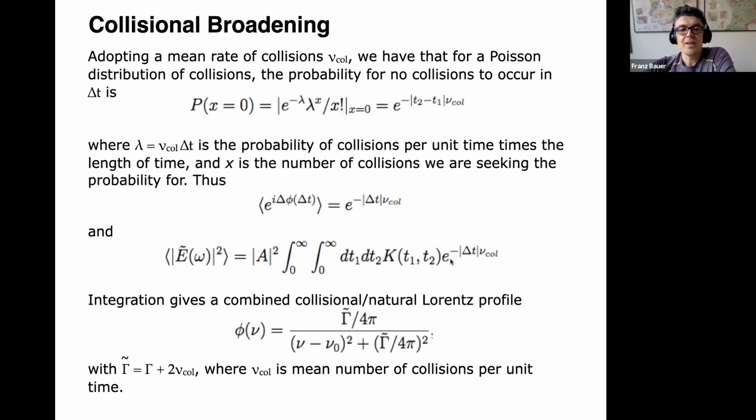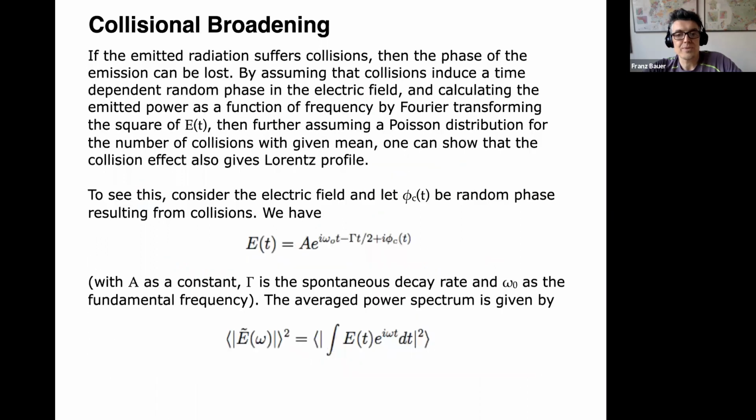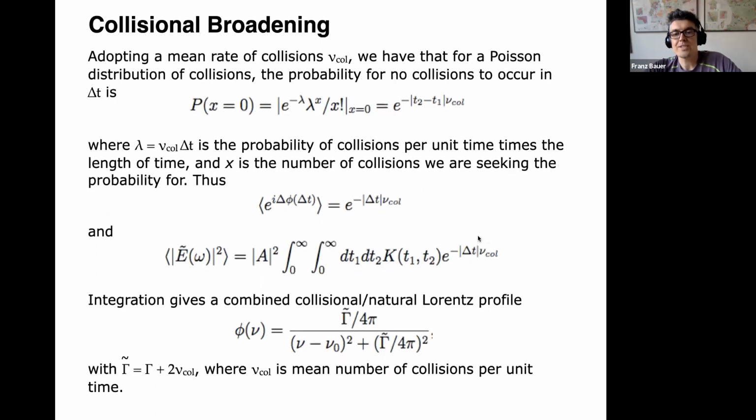When we take the integral, we have a modified width due to the collisions, which is just an extra additive component on our gamma. Earlier this was just gamma times t, and now we take this to be the collision rate times delta t.